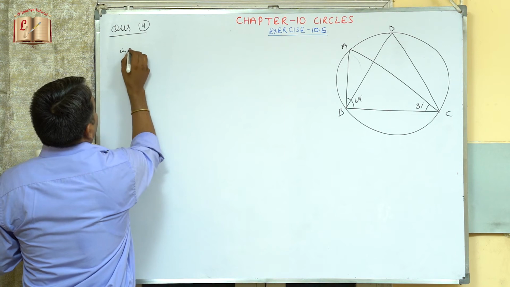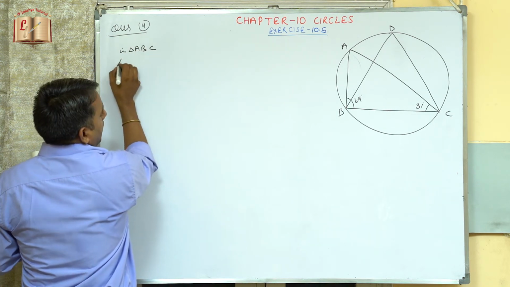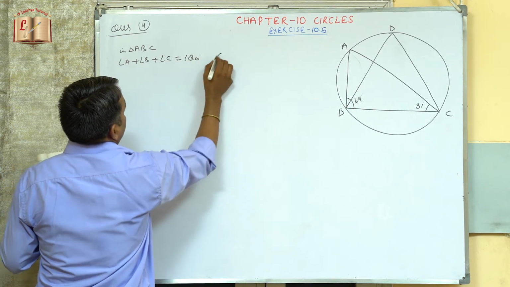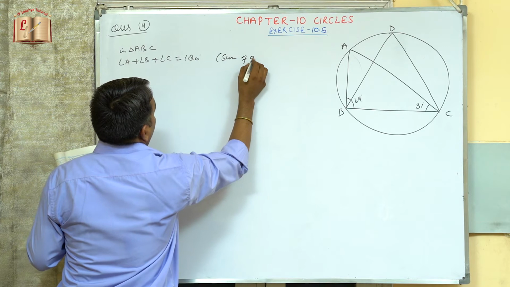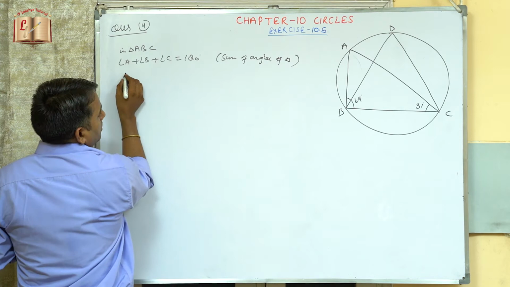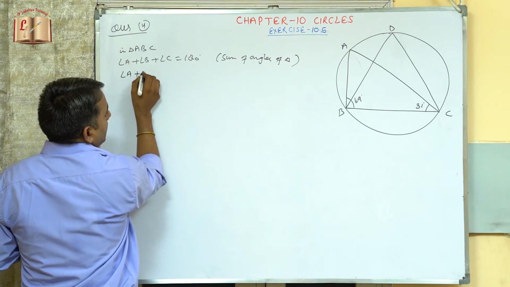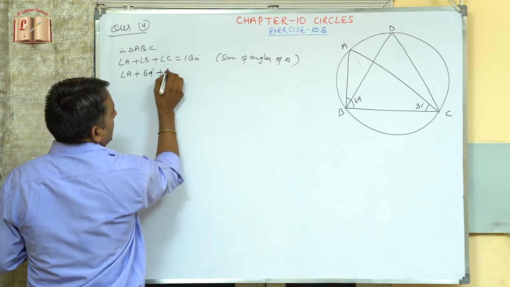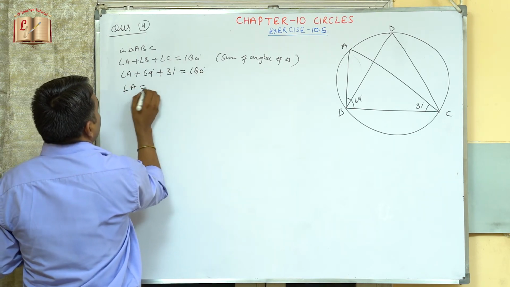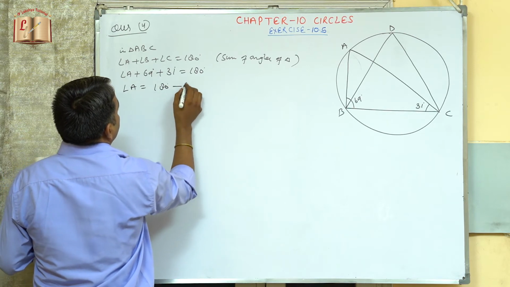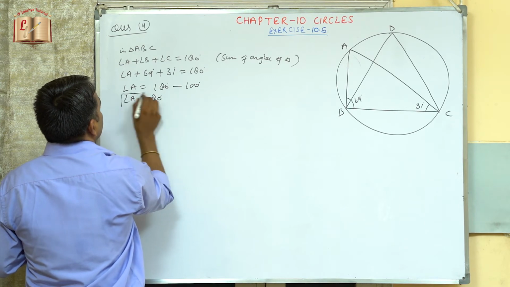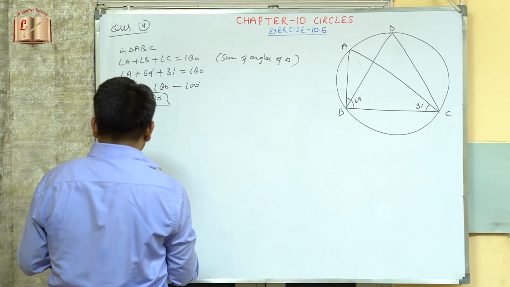So in triangle ABC, angle A plus angle B plus angle C will be equal to 180 degrees, the sum of angles of a triangle. So angle A plus 69 degrees plus 31 degrees is equal to 180. So angle A will be equal to 180 degrees minus 100. So angle A is equal to 80 degrees.